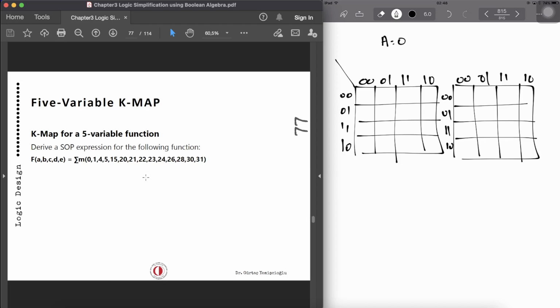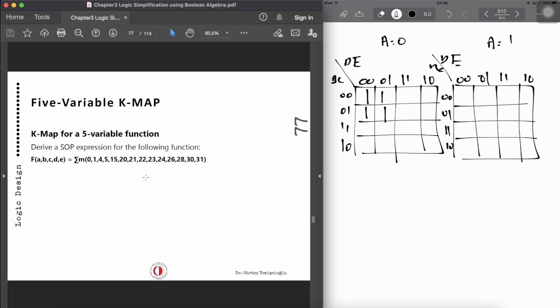A equals 0, A equals 1, B, C, D, E, B, C, D, E. The minterms are 1, 4, 5, and we also have 0, sorry.